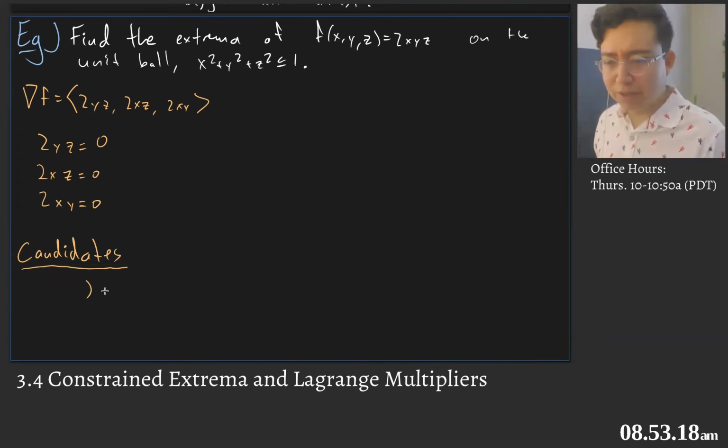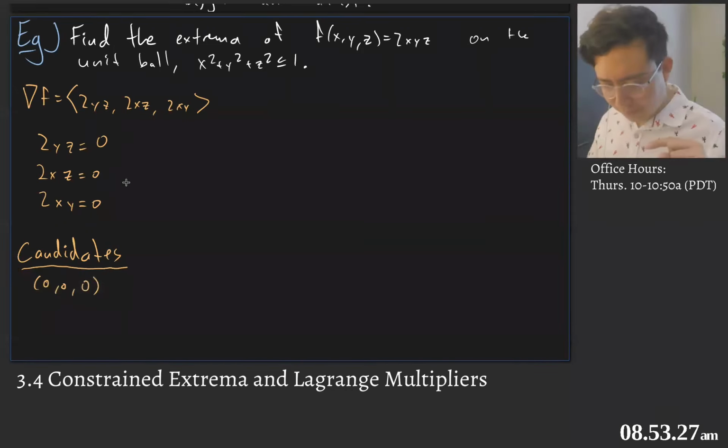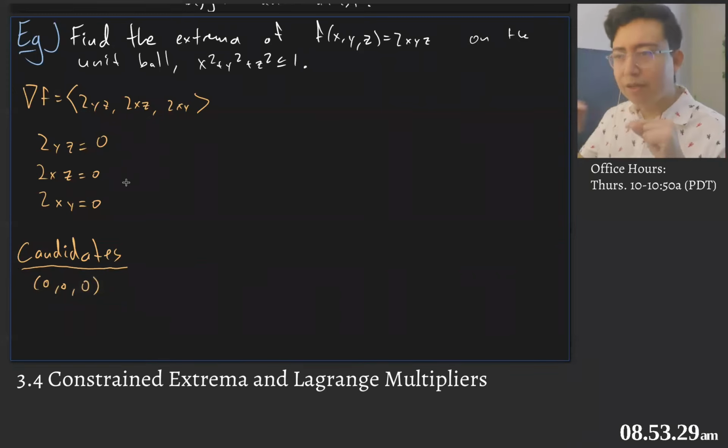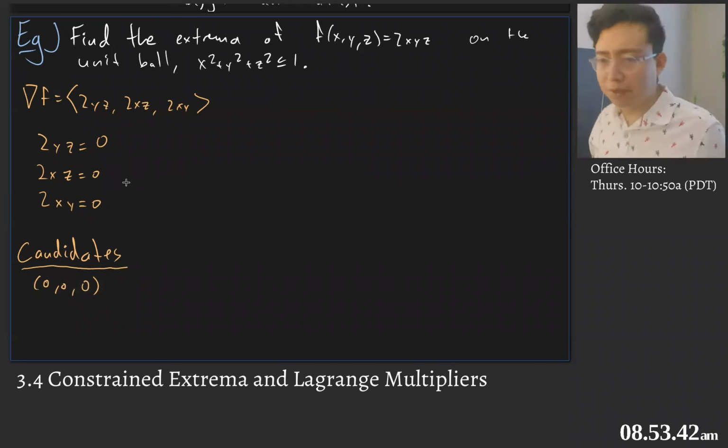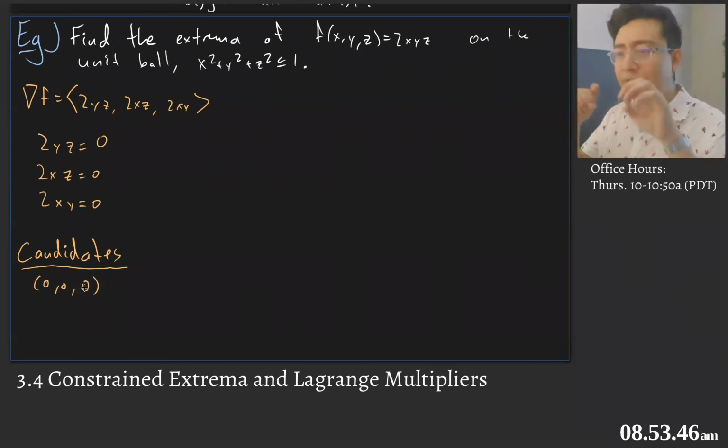Basically what's happening is this function is doing weird stuff if you just go in any fixed direction. If you go along the x-axis, y-axis, or z-axis, you're going to get something weird happening. But because of this, it's not changing in any of those directions.